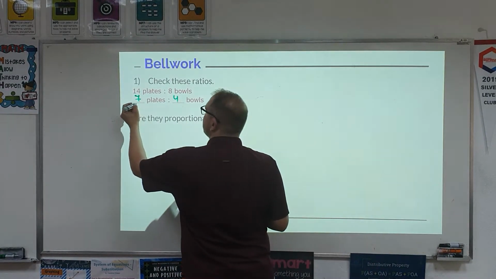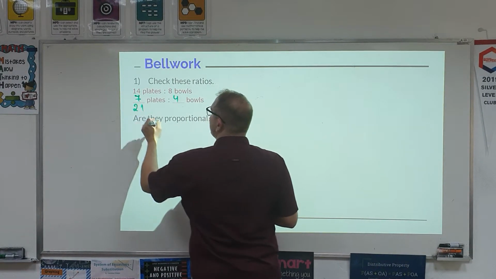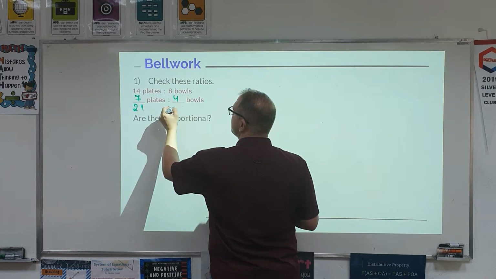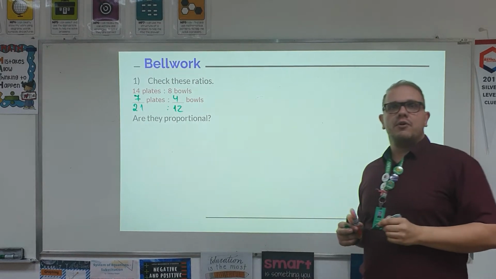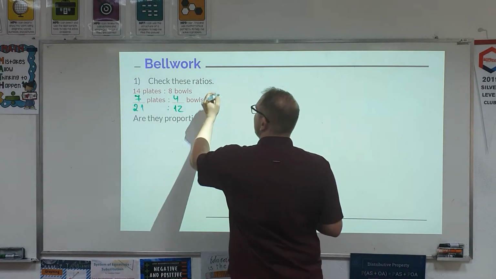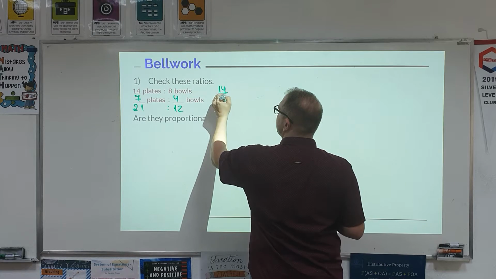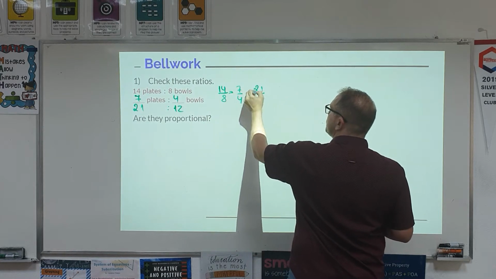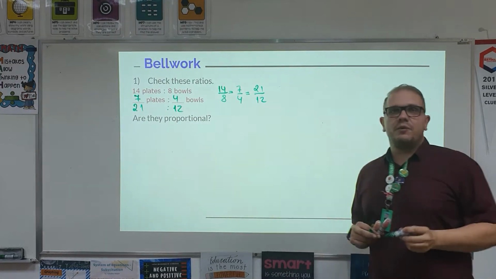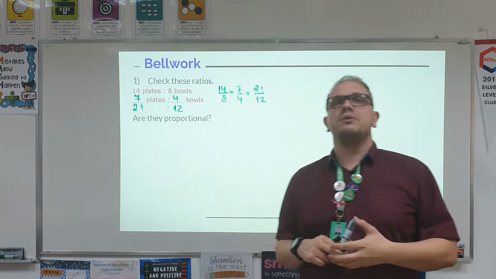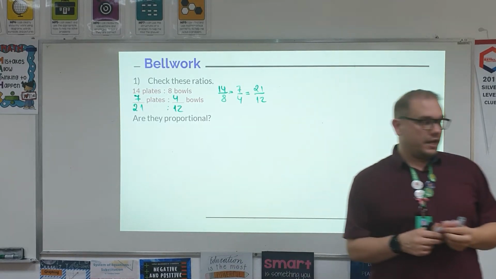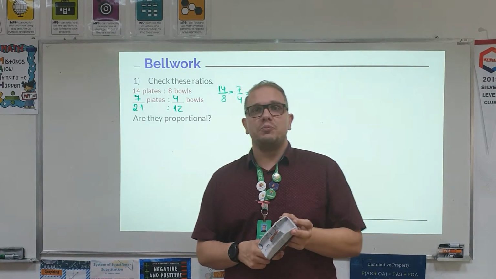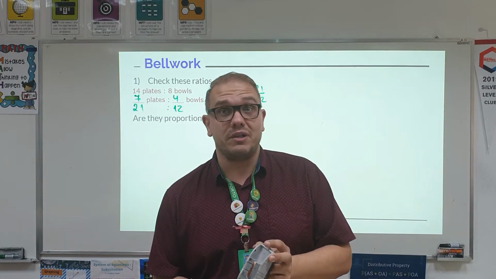Or I could have written 21 plates to every 12 bowls. And of course, we know that 14 to 8, 7 to 4, 21 to 12, they are all equivalent fractions, and that's why we also know that they are equivalent ratios. Okay? So if you don't remember that, please pause this video, search on YouTube any video about equivalent ratios and equivalent rates.